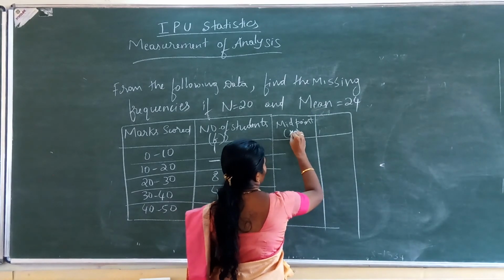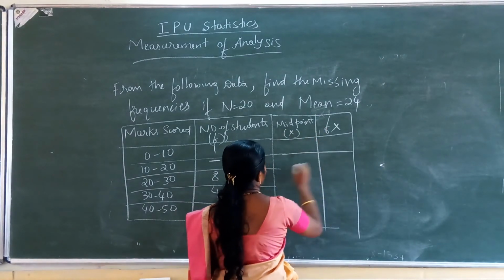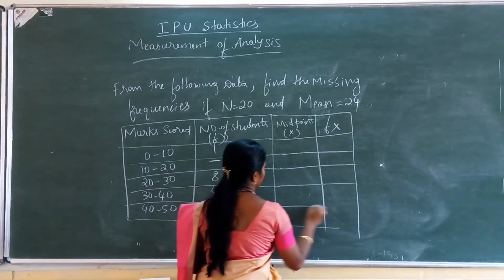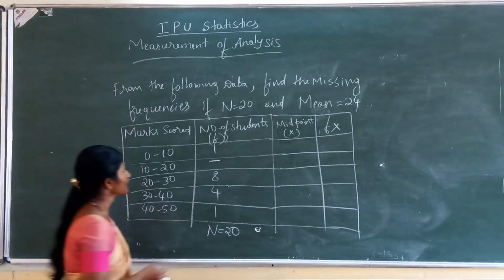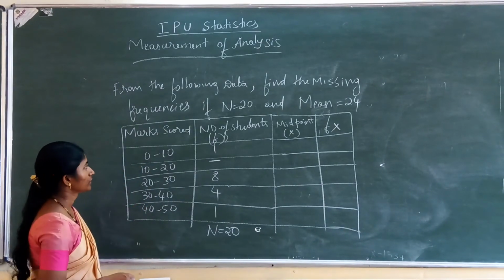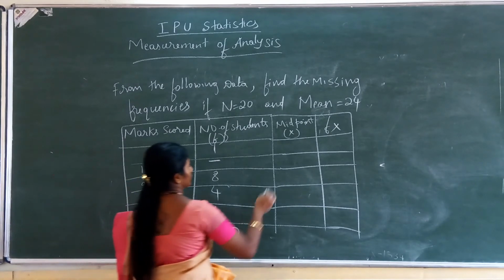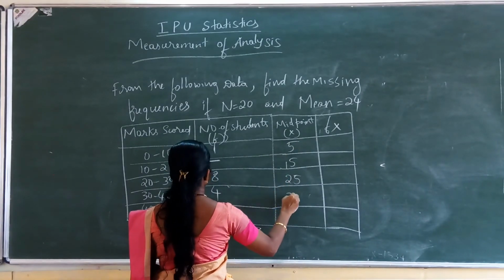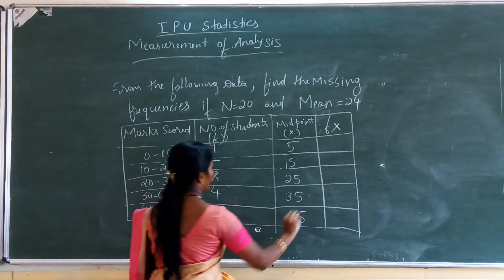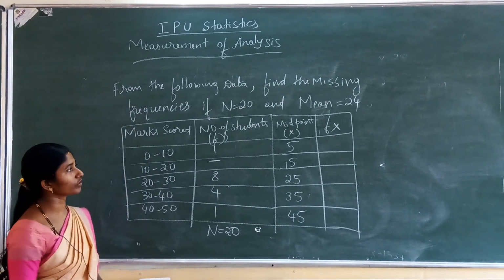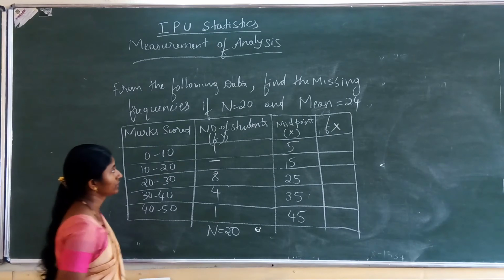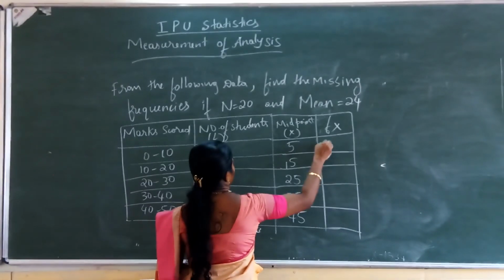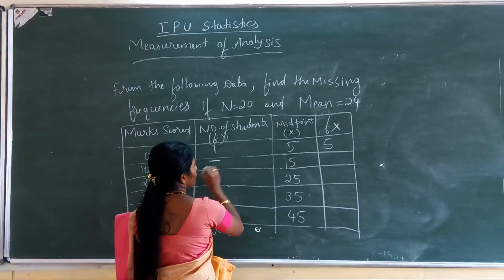This is the x midpoint, then f into x. Midpoint of 0 to 10: 0 plus 10 divided by 2, that is 5. Here 15, here 25, 35 and 45. Midpoint we have got, now f into x. Here we don't know the value.